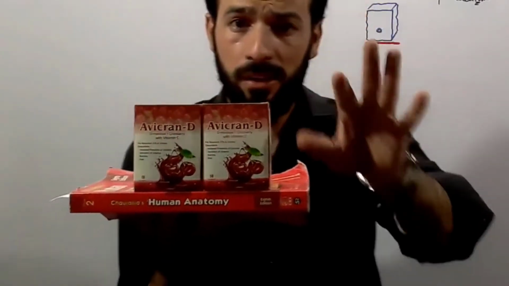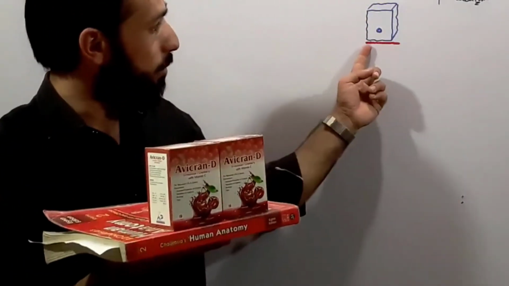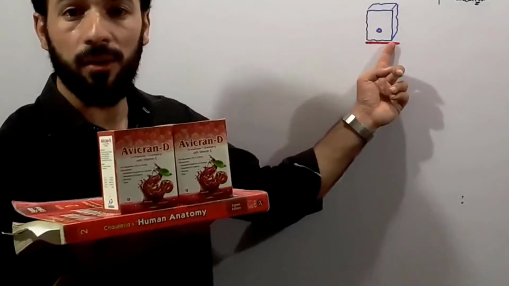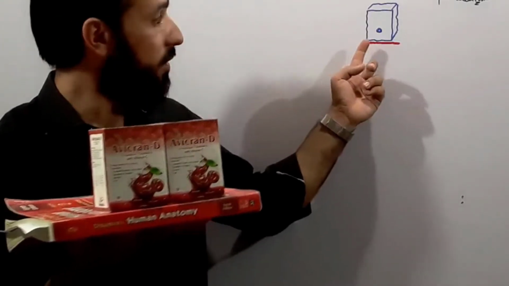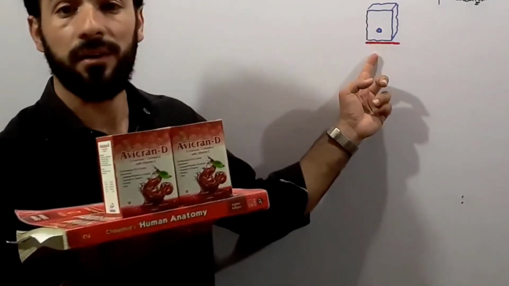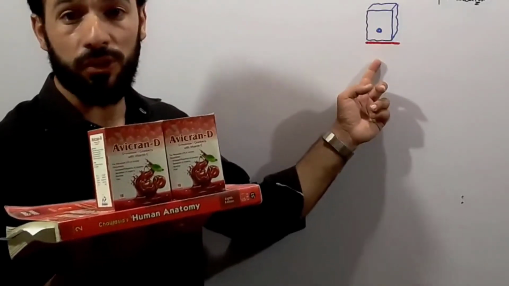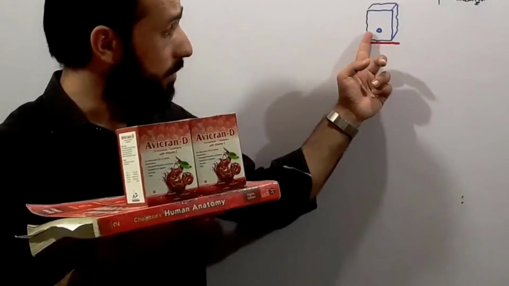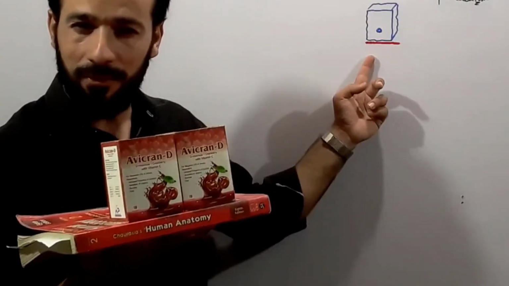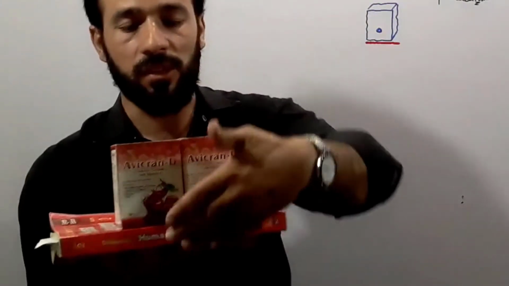So right now in this lecture I am going to discuss this basement membrane or basal lamina. It is a special protein network secreted by the epithelial cell itself. So let us discuss this.